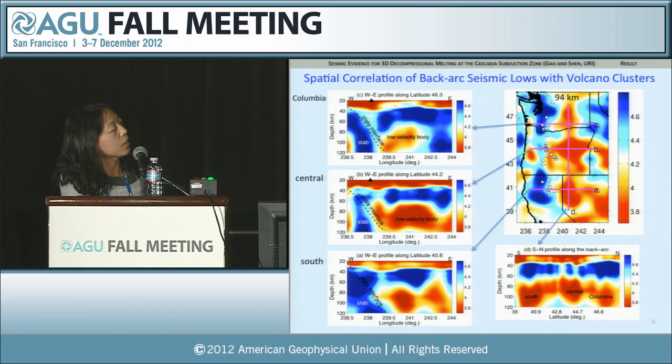As you can see, for the west-east profiles, all crossing these 3 low velocity volumes, we see the low velocity volumes at depths of 80 to 110 kilometers, which is far behind the arc. Also, from the south to north profile, we see they are segmented along strike.